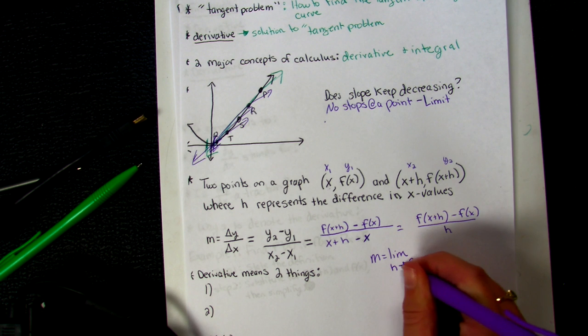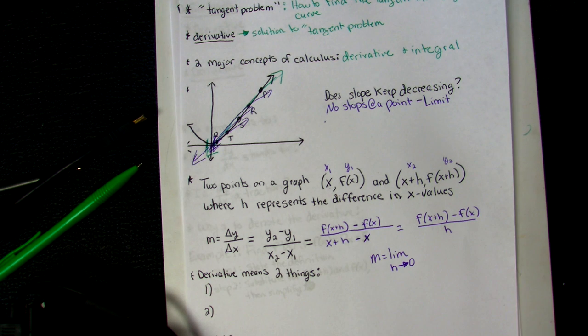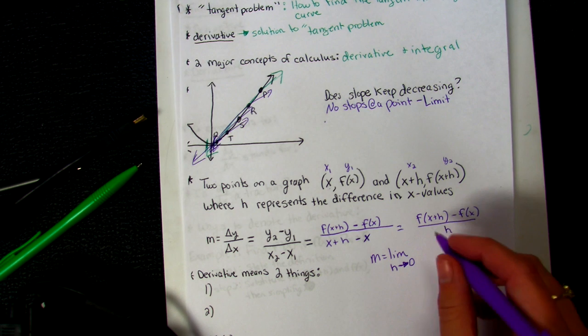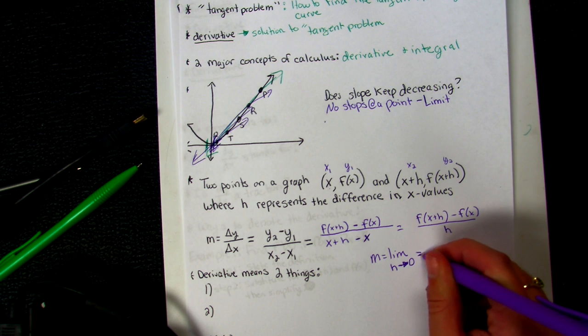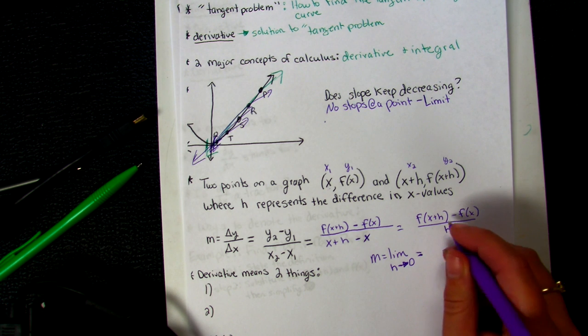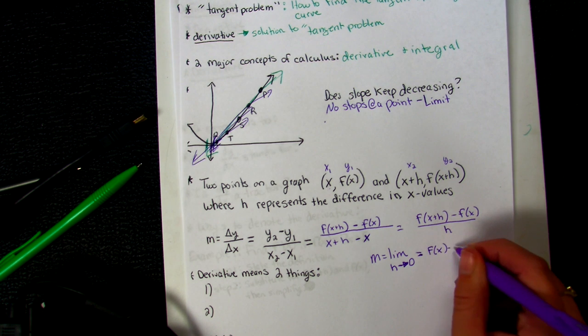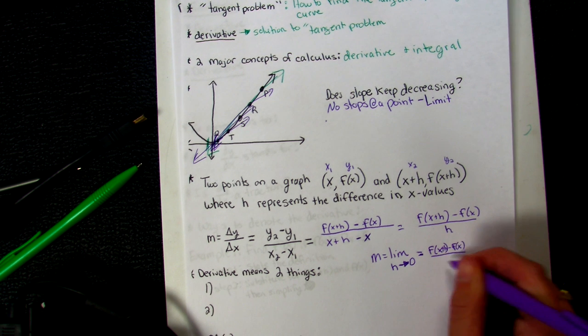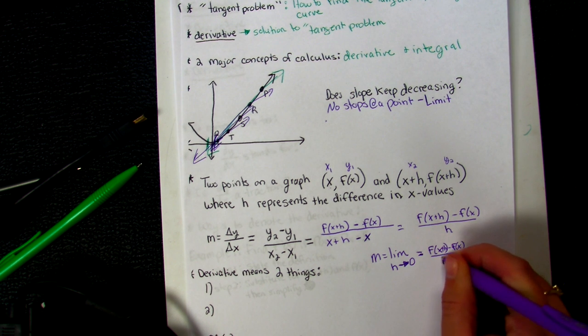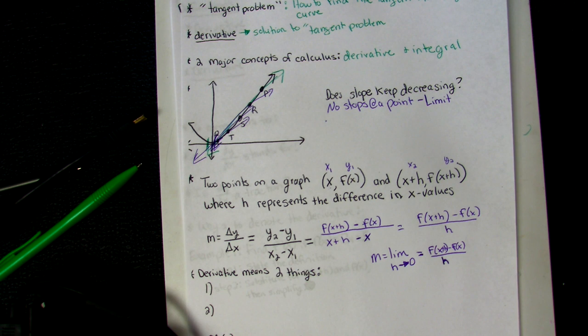As the change between your 2 points gets smaller and smaller, it's going to approach something, and that approach is the limit, which is why we're taking the limit. And we call that the derivative.